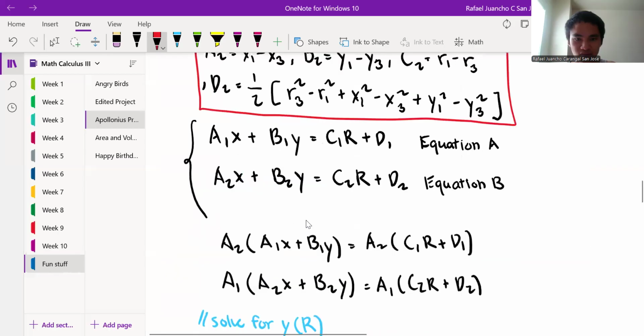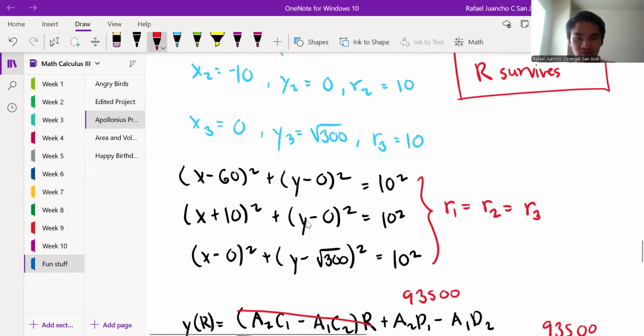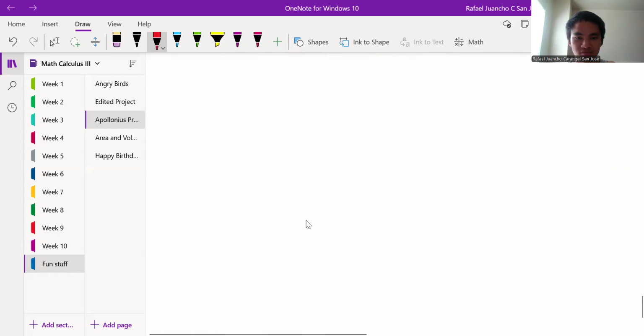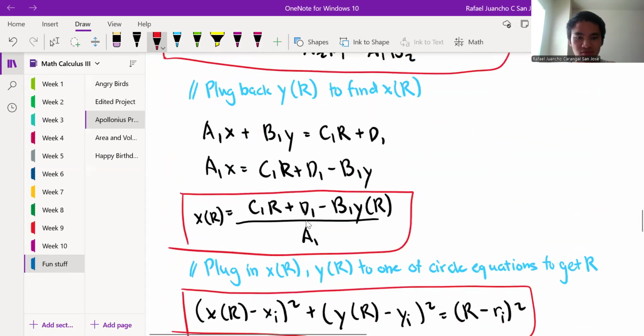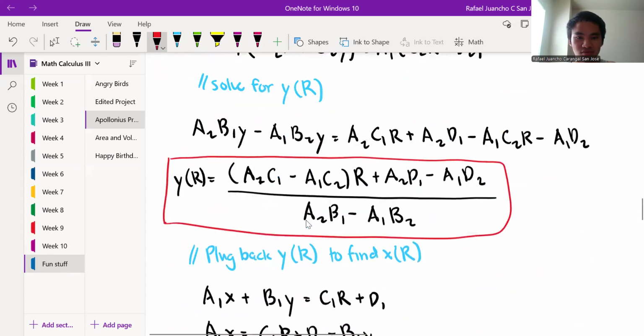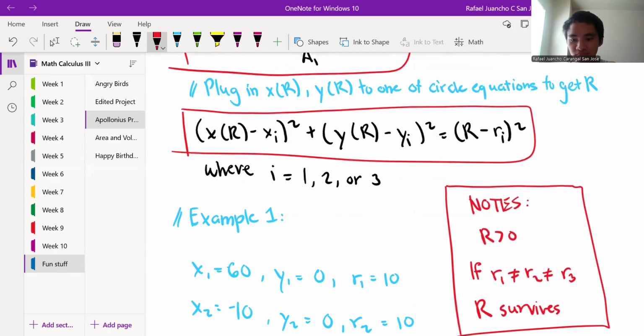For my R, I just plug it in with one of them. Oh, there we go. Let's just use this. I made sure to highlight them in red.